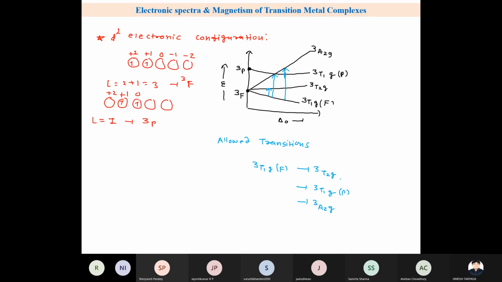Now you can go for energy. You can compare its energy. So energy wise, which transition has which type of energy, if you want to predict it?